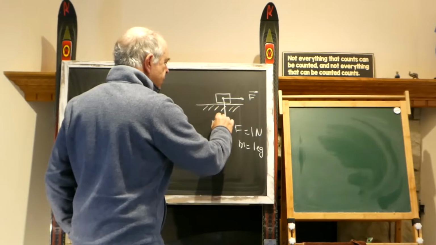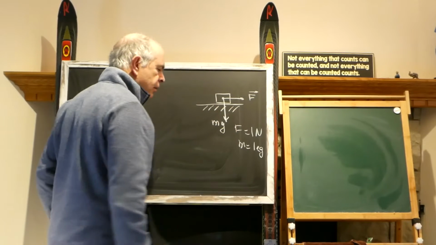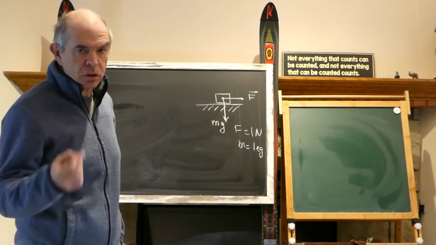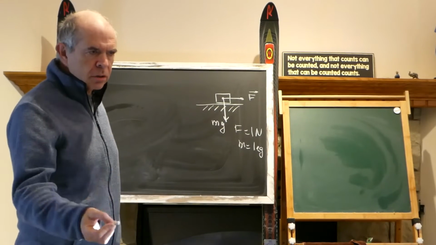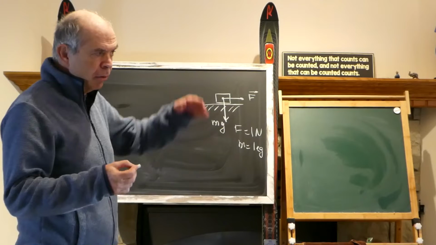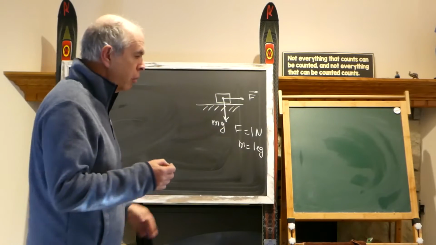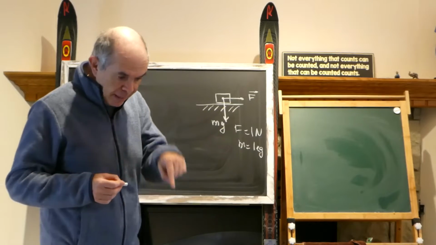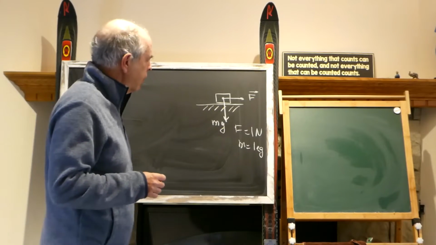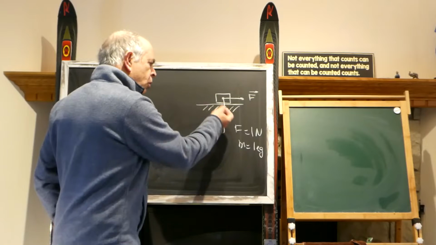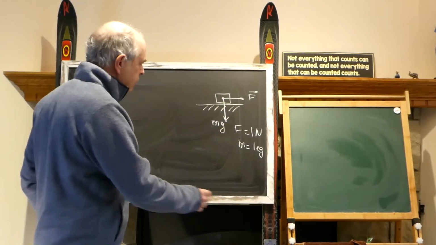If it's interacting with Earth, there is gravity. Gravity on the surface of Earth is always mg. If we go up and travel in space, it would be a different story. Or if we go down inside the Earth, it would be a very different story. But right now, on the surface, it's mg.